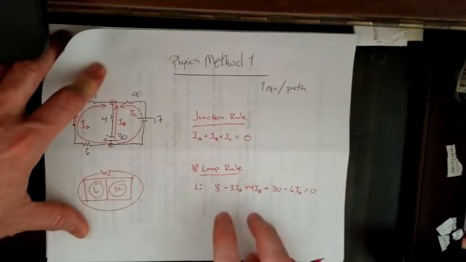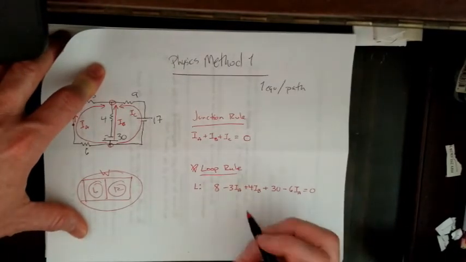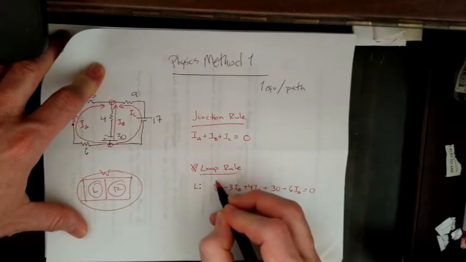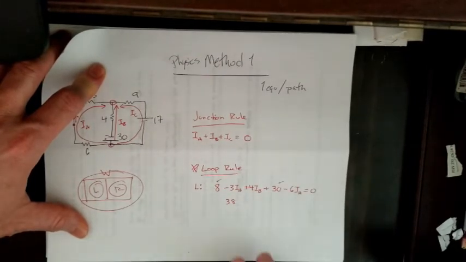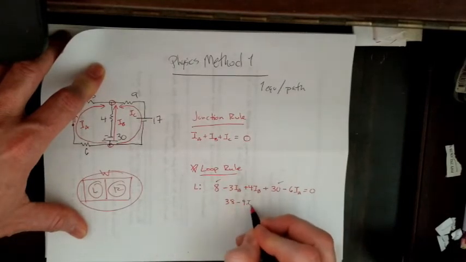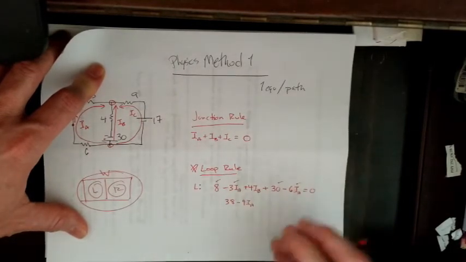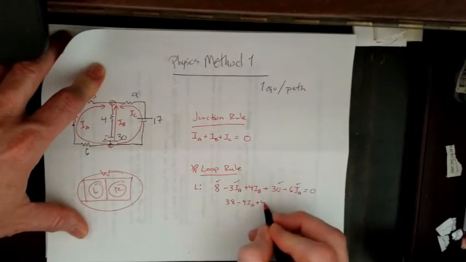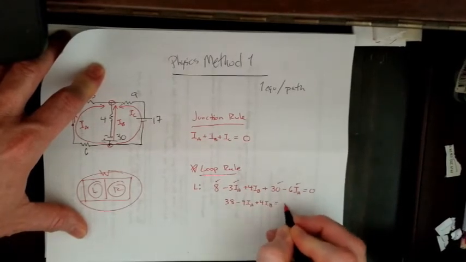I can simplify this down. I have 8 and 30, so I have 38, and I put a little check mark there to make sure I cover everything. I have 2 IAs, combining like terms, so that's minus 9IA. And then I'm left with plus 4IB equals 0.